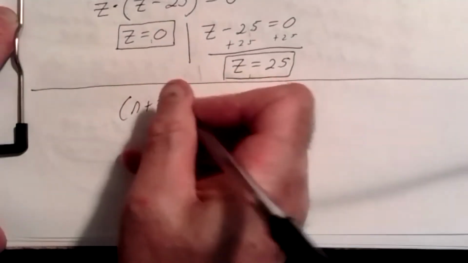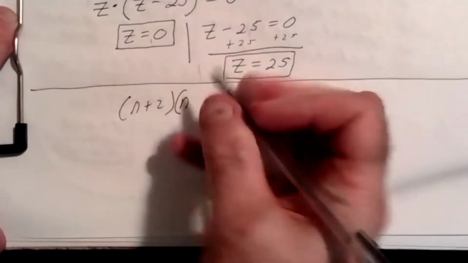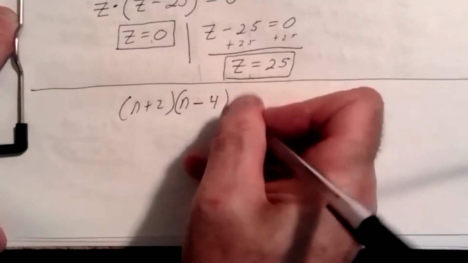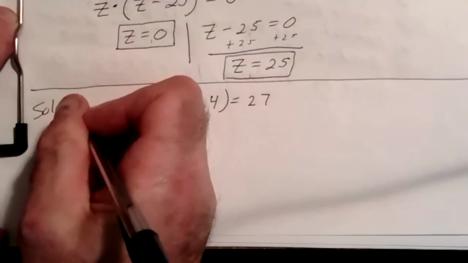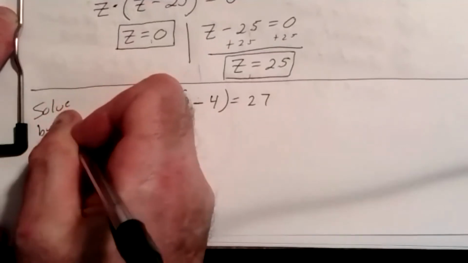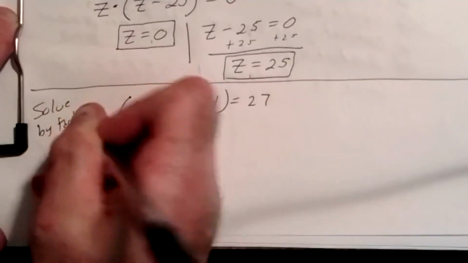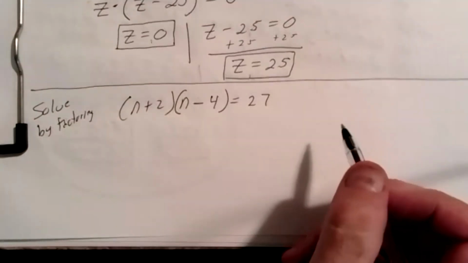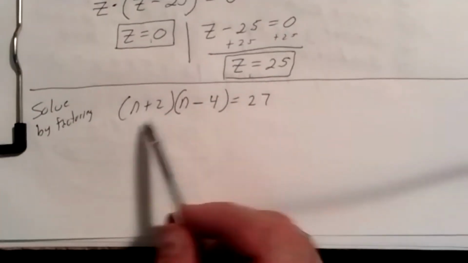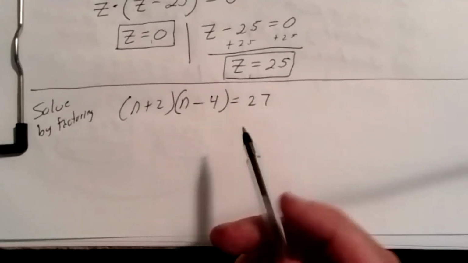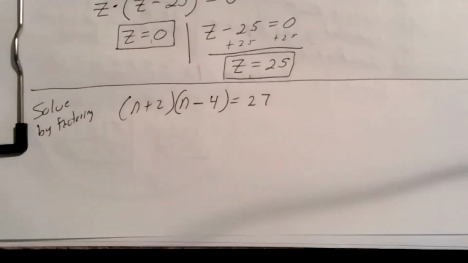If I have n plus 2 times n minus 4 equal to 27, suppose you want to solve by factoring. Now this doesn't even look like a quadratic equation. I don't see n squared. Well, you'll see n squared surface in a moment.